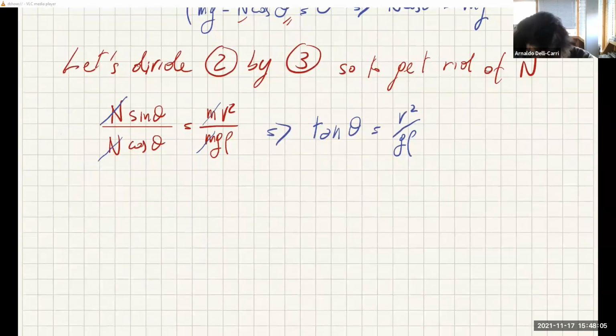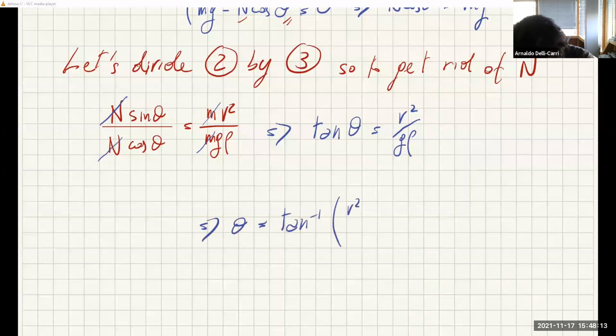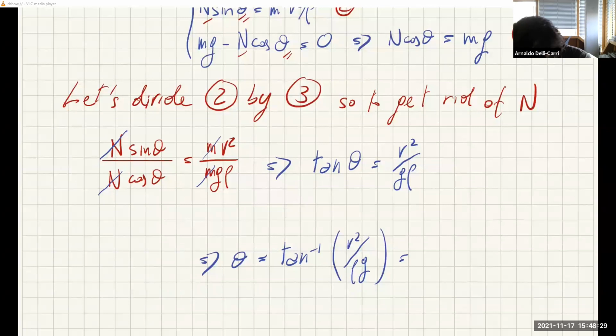And that also means that theta is the arctangent of v squared divided by rho g. Let me say rho g because it sounds better. And this should be equal to 26.7 degrees.